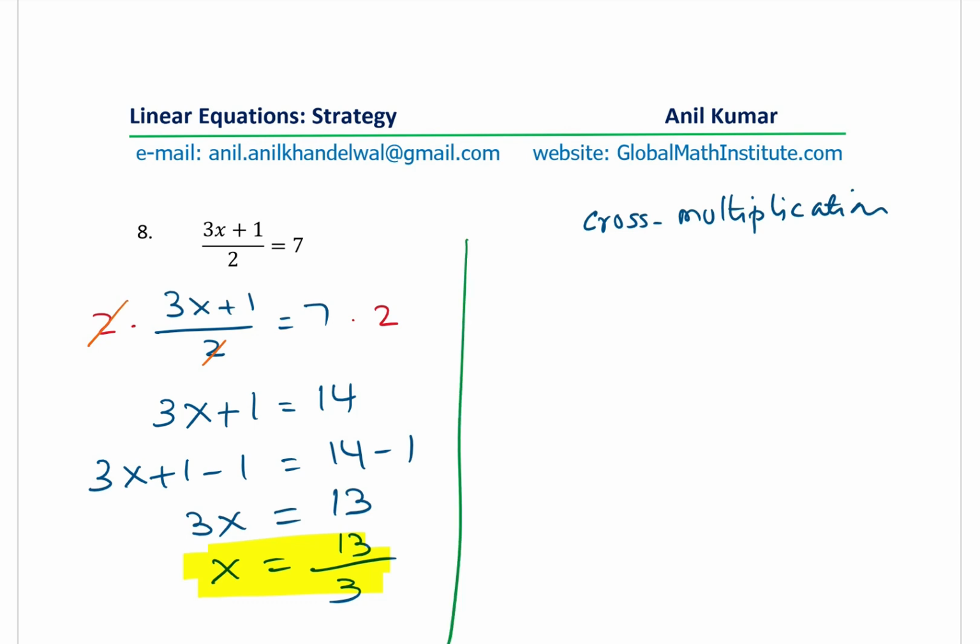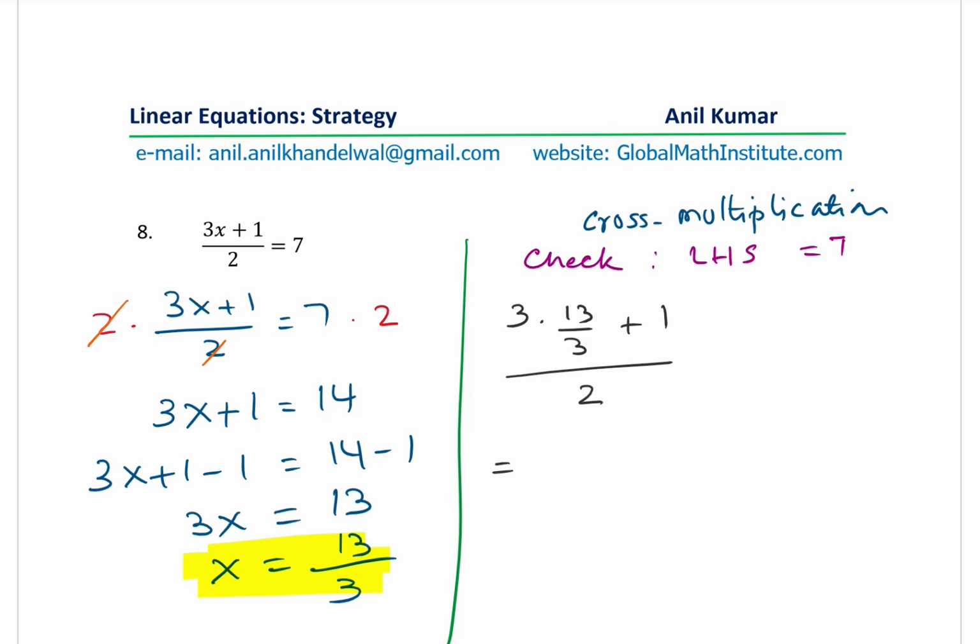And now let us check our result. In this case, we will just begin with the left hand side and we'll show that this is equal to 7. So on the left hand side, what do we have? We have 3 times x, which is 13 over 3, plus 1 divided by 2.